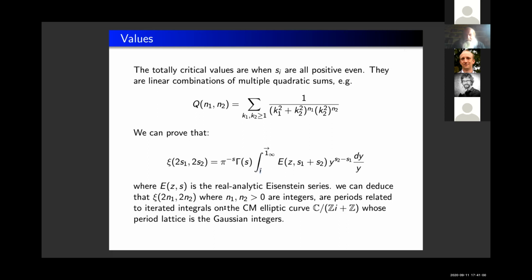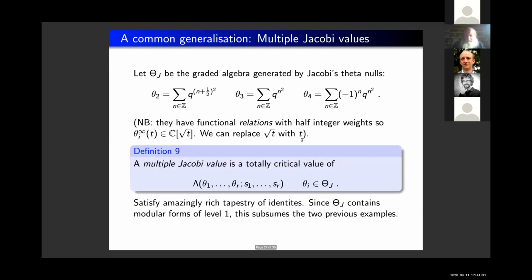What that means is that these numbers are related to iterated integrals on this complex multiplication elliptic curve, whose period lattice is the Gaussian integers. So you get L functions of Grössencharacters of this elliptic curve showing up as periods occurring in this multiple Riemann psi function. So we're in business here as well, and maybe it's not surprising that if you look at this formula, you should get something to do with Gaussian integers. So that one works as well.